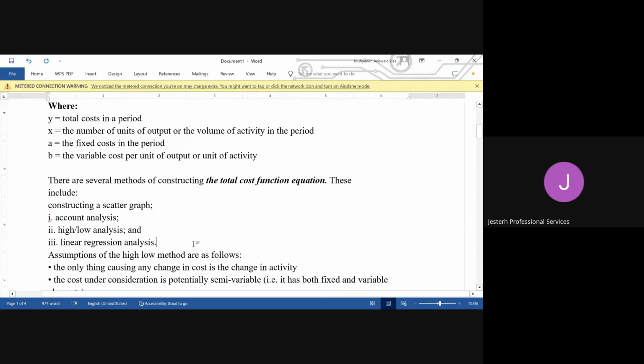Then by next class, we'll be focusing on how to use linear regression to determine the cost function.